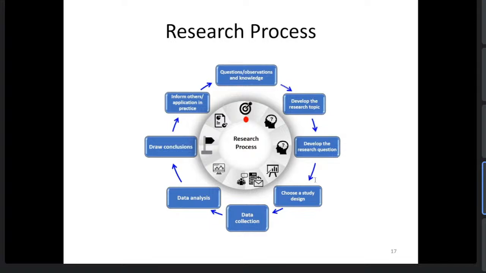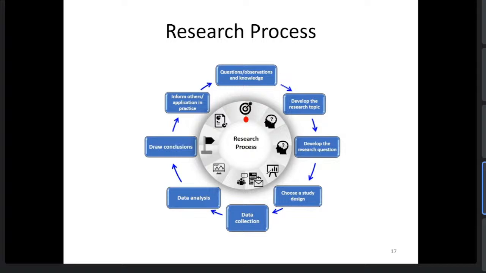The research process is depicted in this picture. The research cycle is very important. First are questions, observations, and knowledge. Next, we need to develop the research topic. After that, we need to develop the research questions. Next, we need to choose a study design.